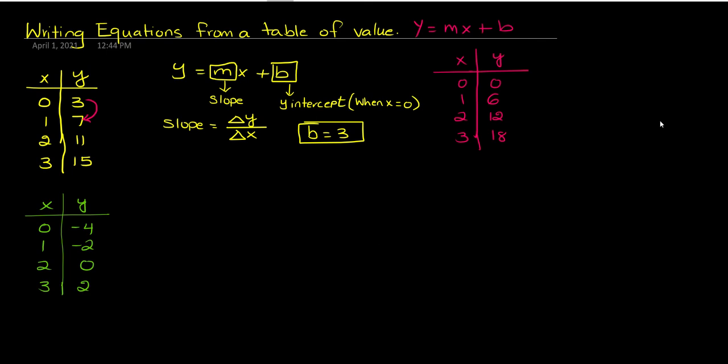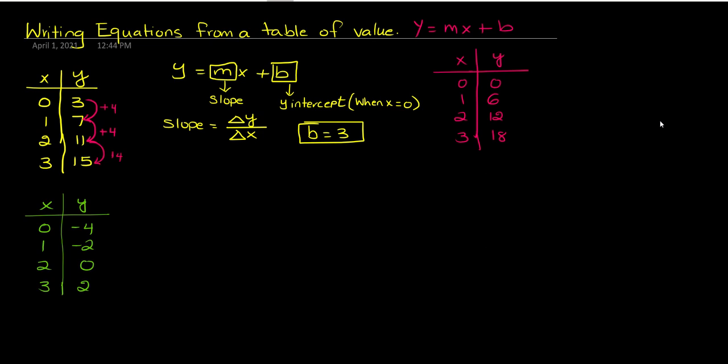Think about it: 3 plus what will give me 7? That's a 4. And then 7 plus what will give me 11? That's also 4. And 11 plus what will give me 15?